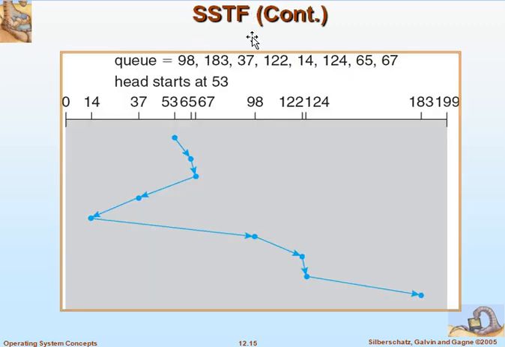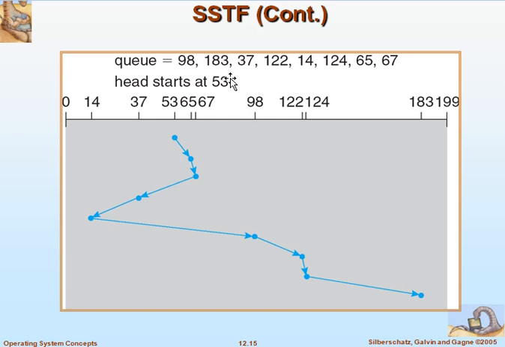So this is SSTF. You can see this is the same queue we had, and the head start position is at 53. From all these requests, the fastest seek time is to 65. So 65 minus 53, how much do we get?